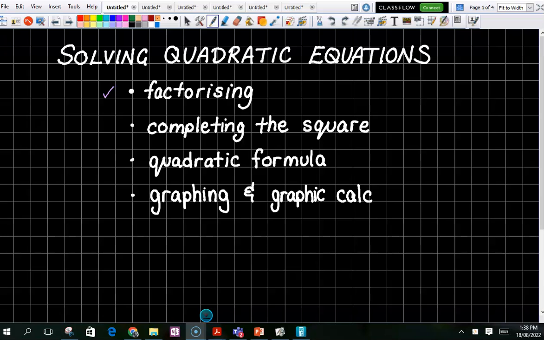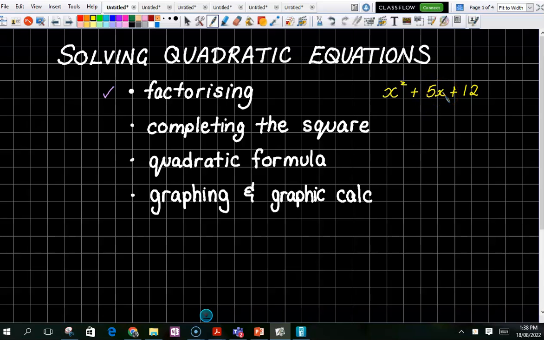Quite reasonable. So basically what happens is some quadratics that we have, so x squared plus whatever, you can't factorize, right? So imagine if we had x squared plus 5x plus 12.